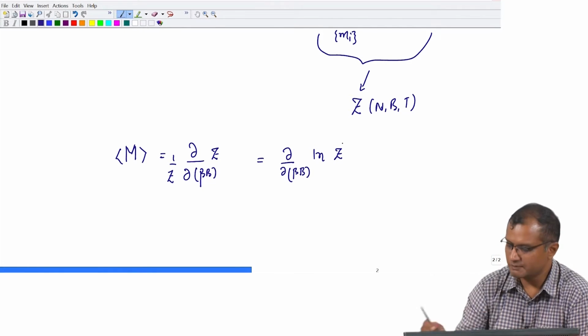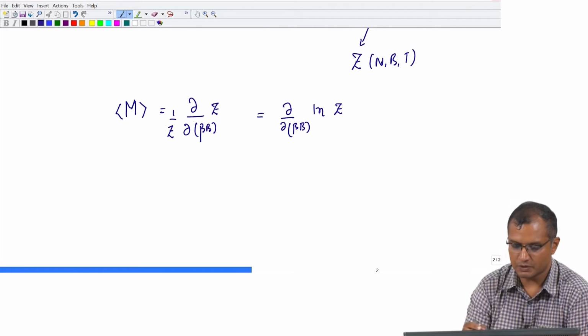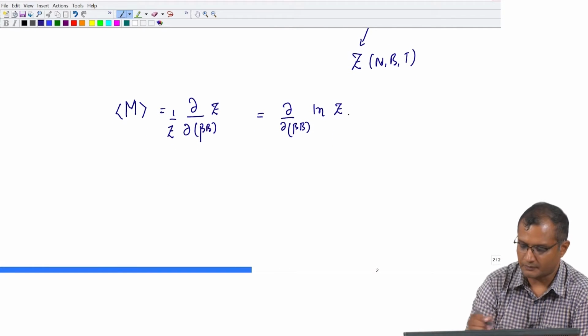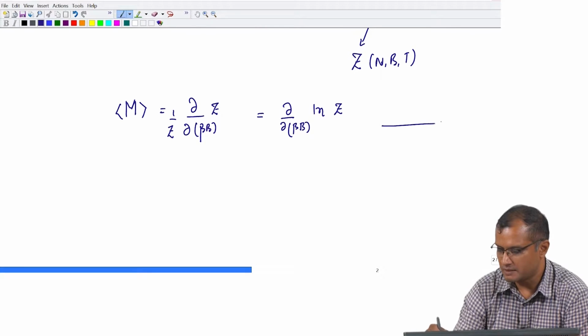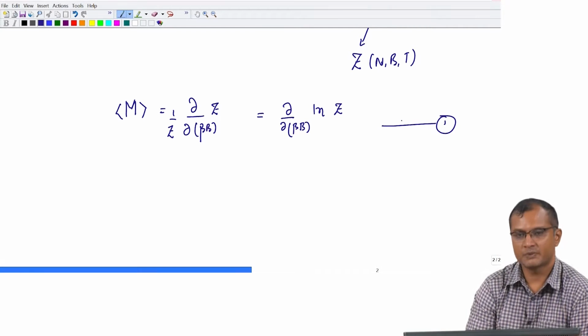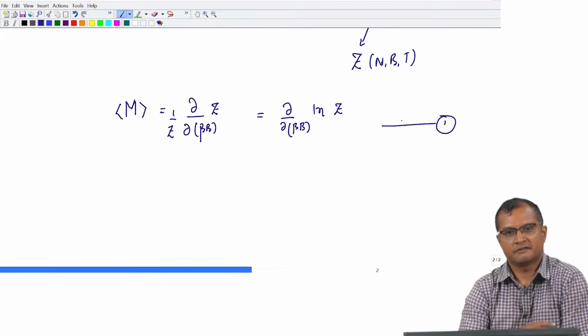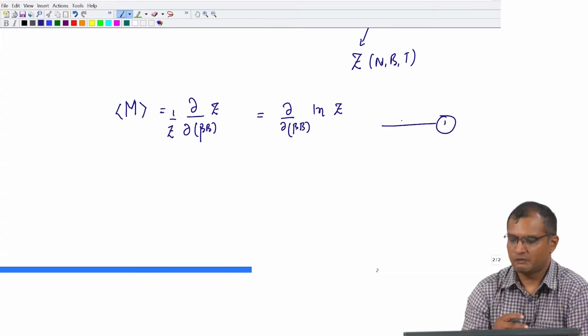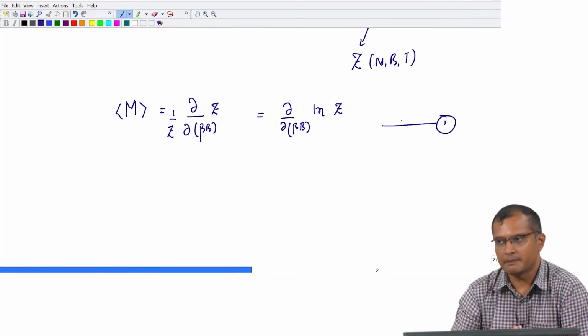So, just keep this result handy. I am going to call this equation 1. Once we have the partition function with us, we can compute magnetization also, which is not on the cards, but it is a byproduct, you can use it.